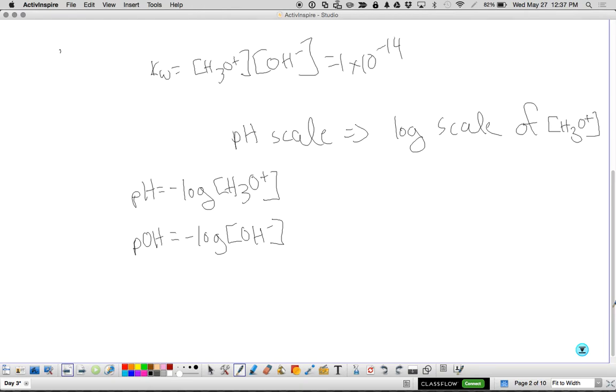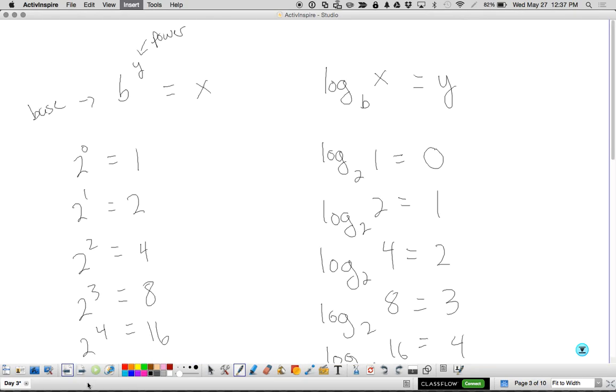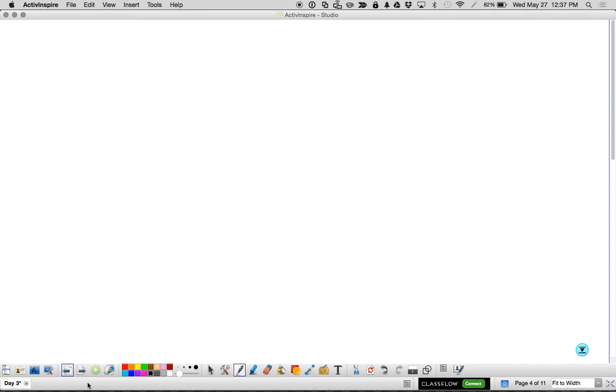Now, sometimes I might be given a pH and asked for a concentration of H3O plus, right? Well, if my log base 10 of 100 equals 2, and I know that 10 to the 2 equals 100, okay? So if I'm given a log of some value and I really want the value itself, what I really need to do is raise both sides to the power of the base.